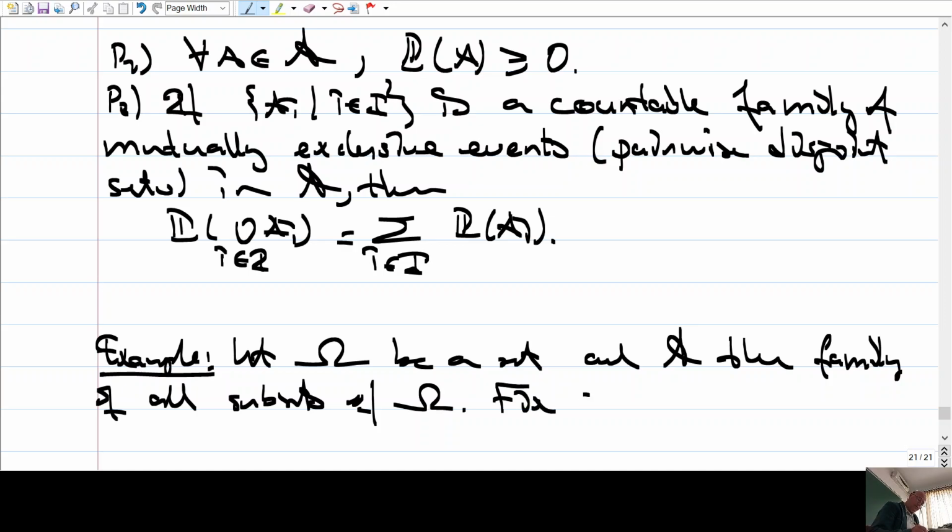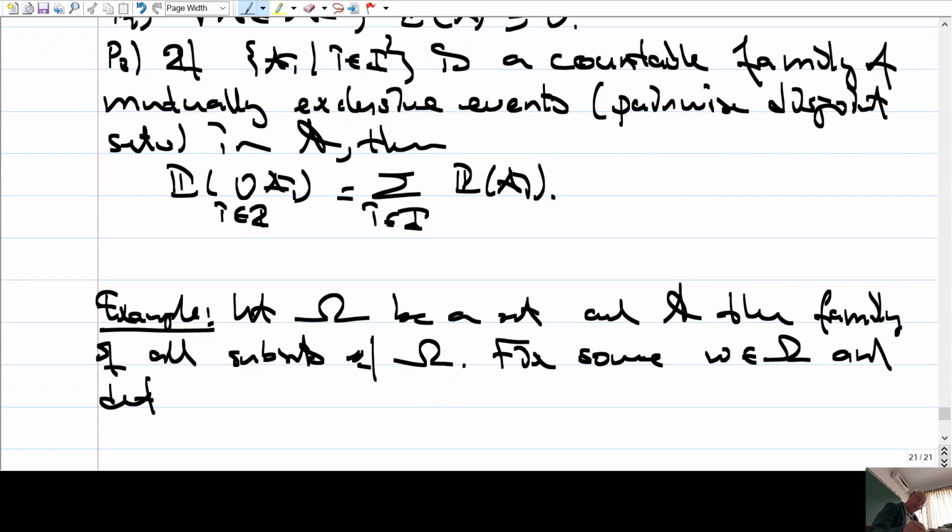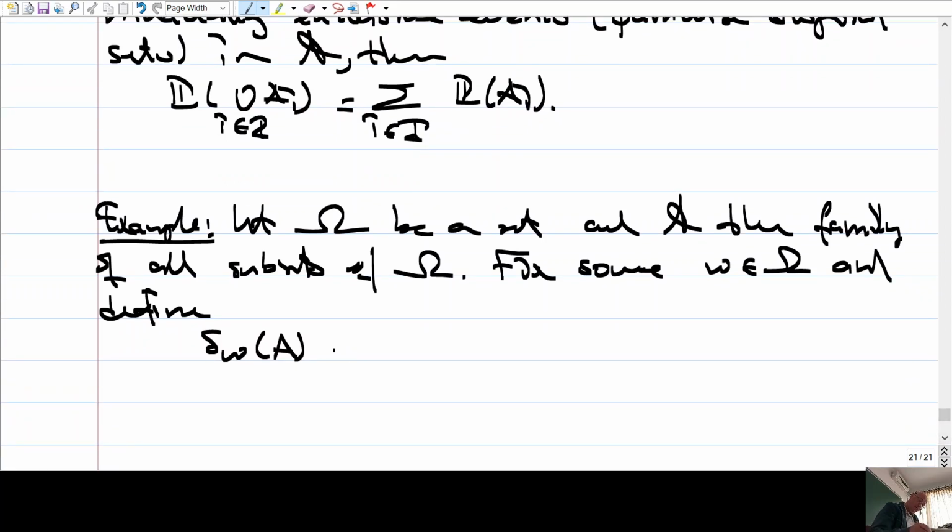Fix some element omega of the set omega, and define the following function or measure, delta omega of A. It is defined this way: it is 1 if omega belongs to A, 0 otherwise.